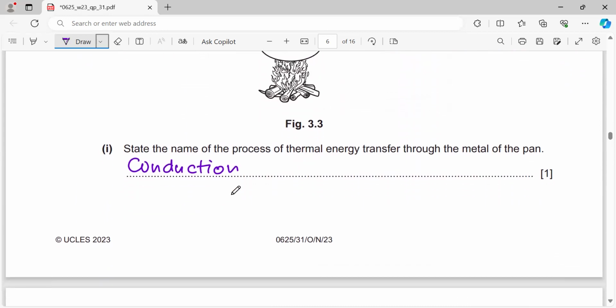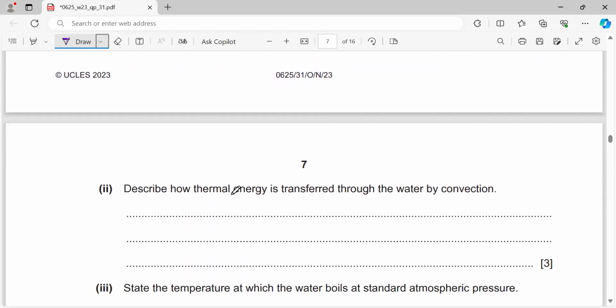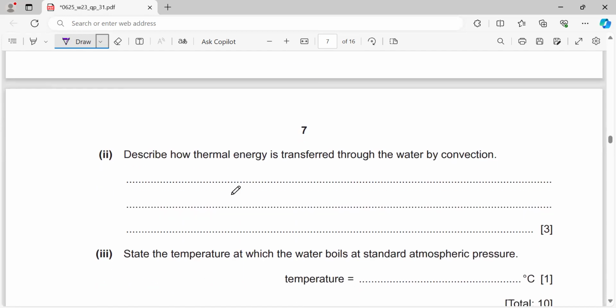And what else? Describe how thermal energy is transferred through the water by convection. Just now was conduction, this is convection.